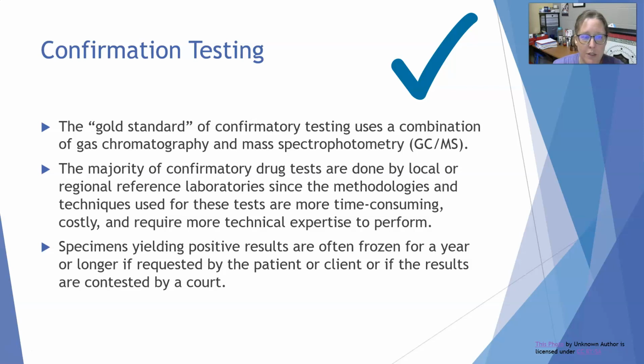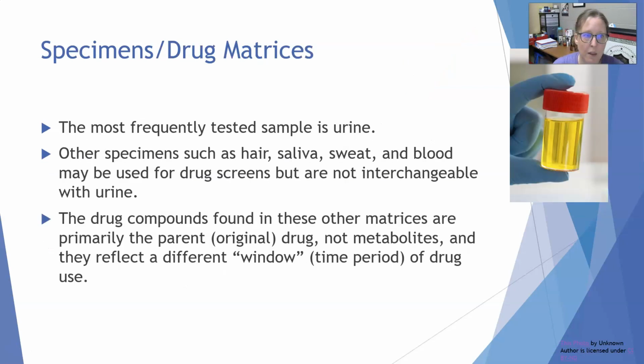So the majority of confirmatory drug testing is done by local or regional reference laboratories because GCMS testing is more time-consuming, is costly, and requires technical expertise to perform. Specimens that yield positive results are often frozen for a year or longer if requested by the patient or client, or if the results are contested by a court. So you should be able to get access to that specimen again and retest it if needed.